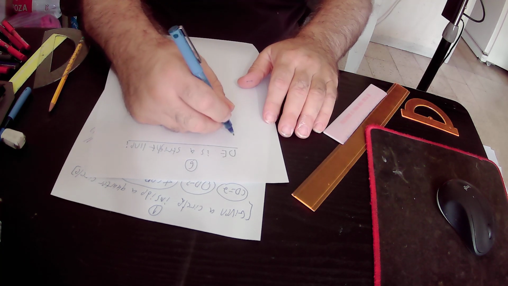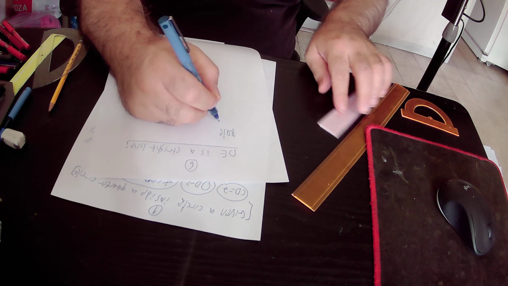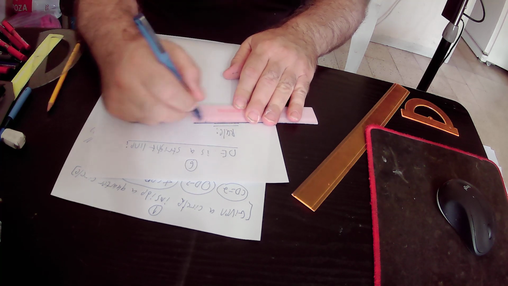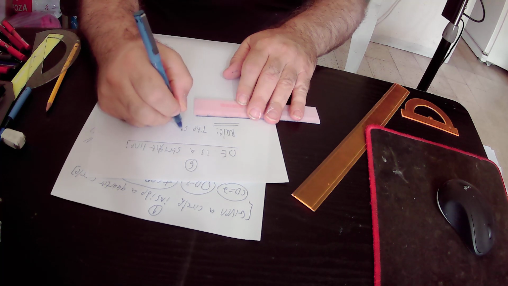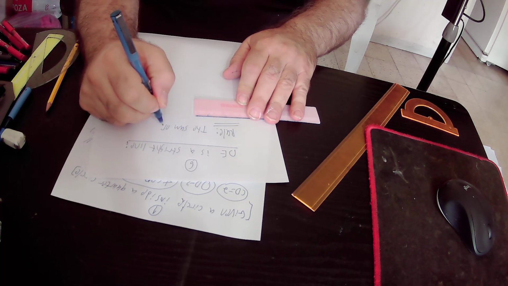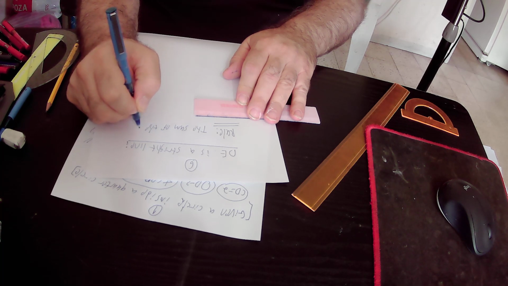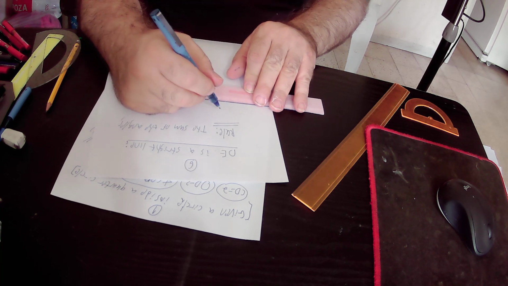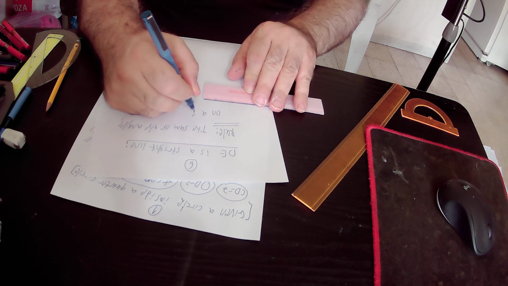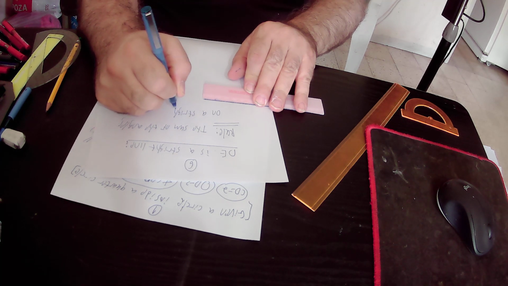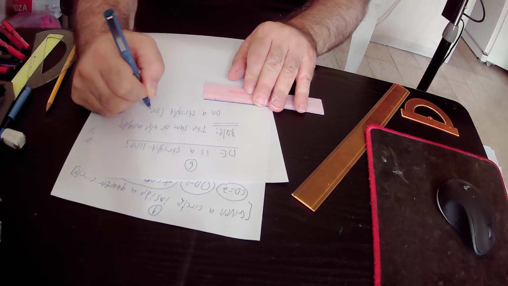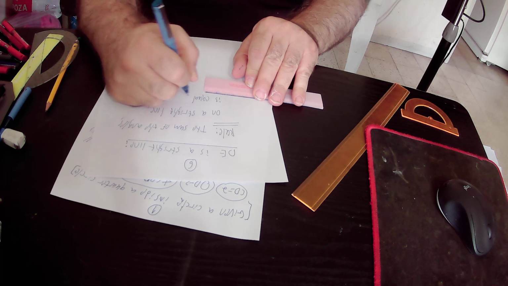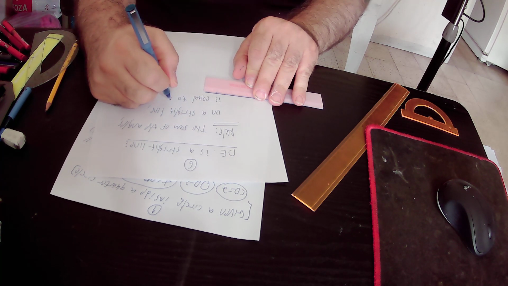And we have the rule that states that the sum of the angles on a straight line is equal to 180 degrees.